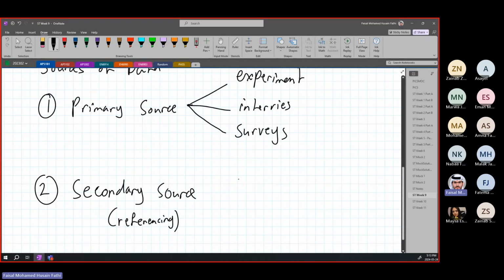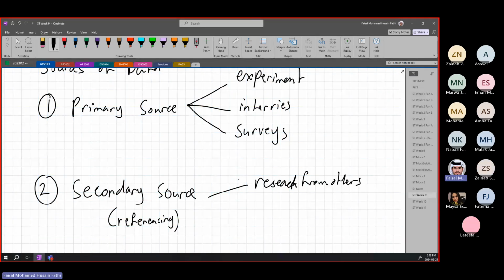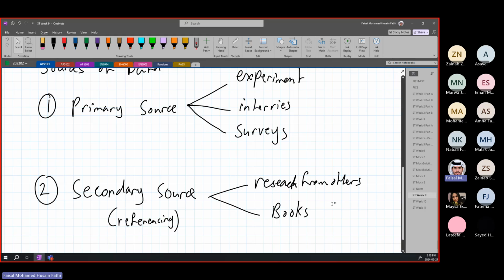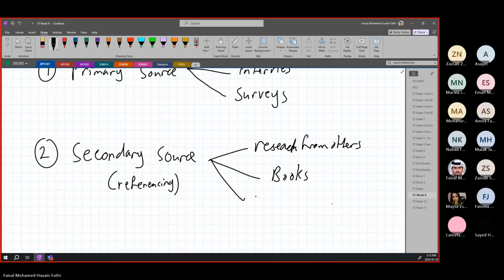So you're going to look at research reports by other people, so research from others. Or you can look at books that have been written by other people, or journals, or even other people's surveys, like a survey that has already been conducted beforehand by someone else.